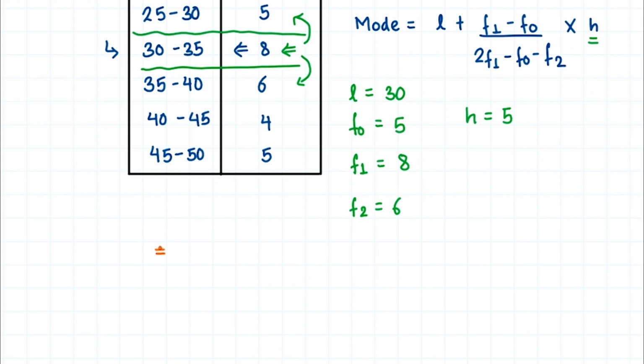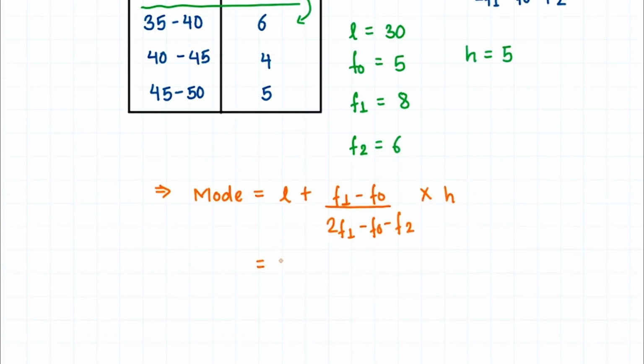So let's do that. So we have our mode is equal to L plus F1 minus F0 divided by 2F1 minus F0 minus F2 times H, equals, we have our L as 30 plus our F1 is 8 minus our F0 is 5 divided by, we have 2 times our F1 is again 8 minus our F0 is 5 minus our F2 is 6 times our H is 5.